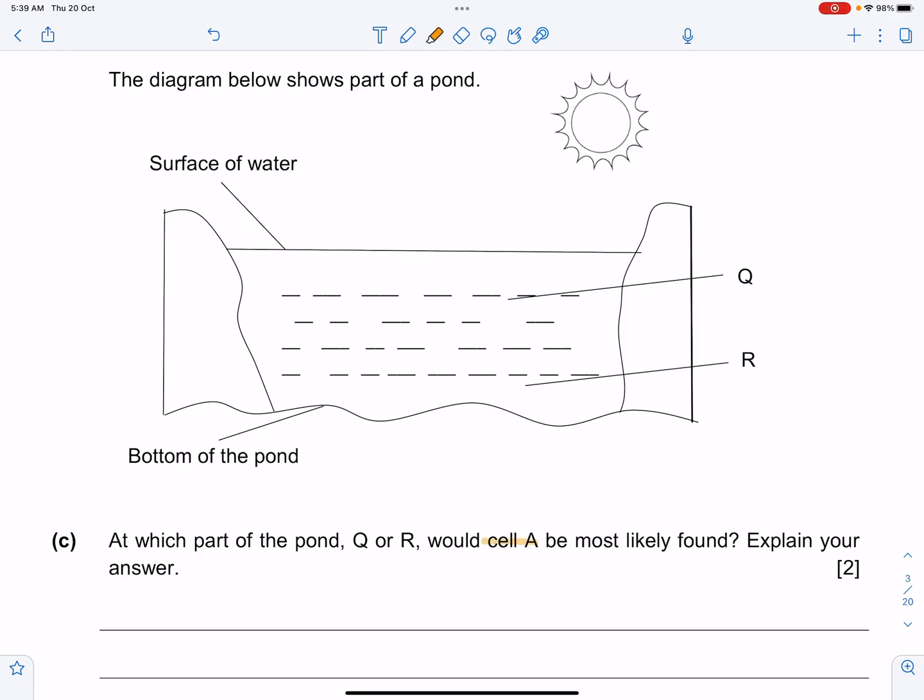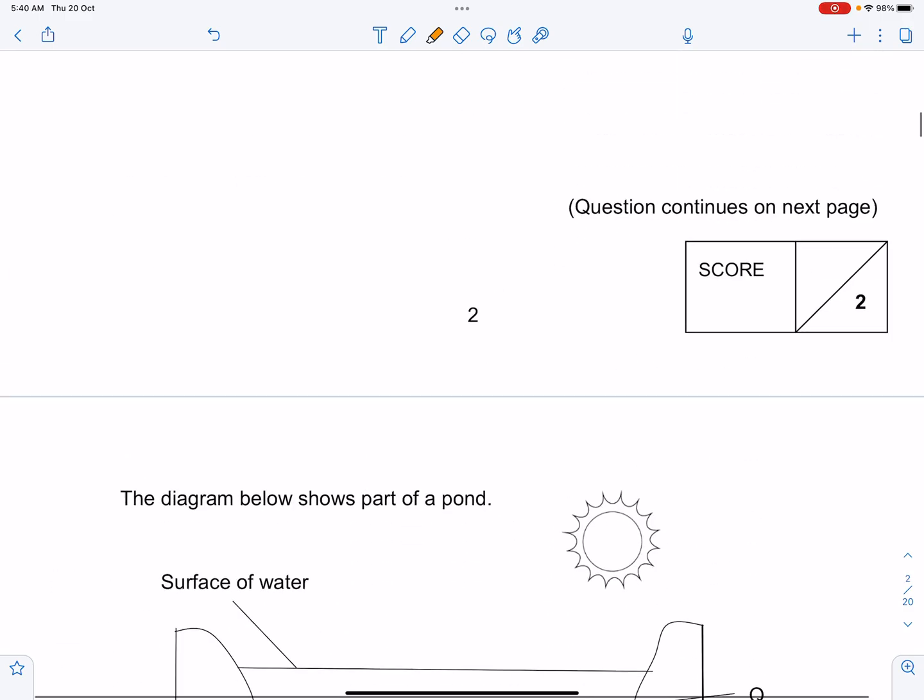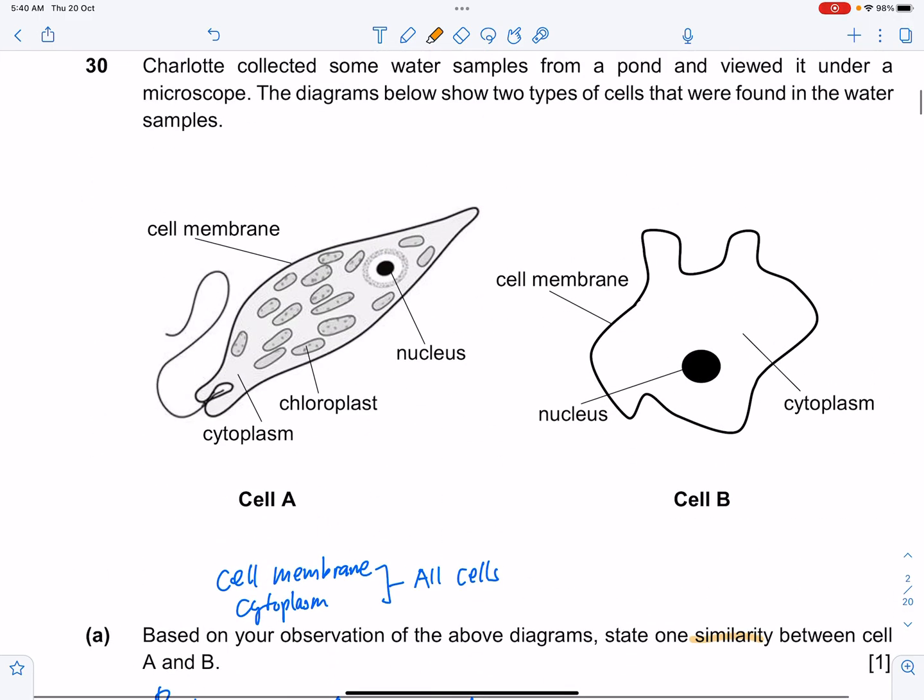Explain your answer. Okay, so let's take a look back at cell A. What is so special about cell A? Now we have to take a close look at diagrams. Diagrams are there to help us and point us in the right direction. So we take a look at it. We've got a nucleus, and then we've also got chloroplast.